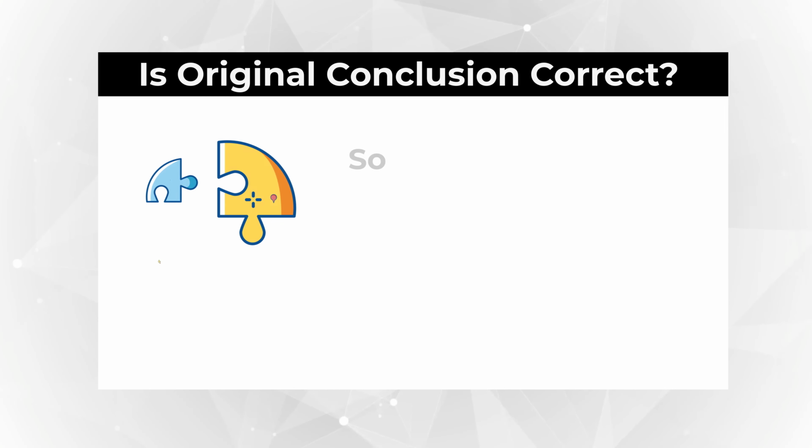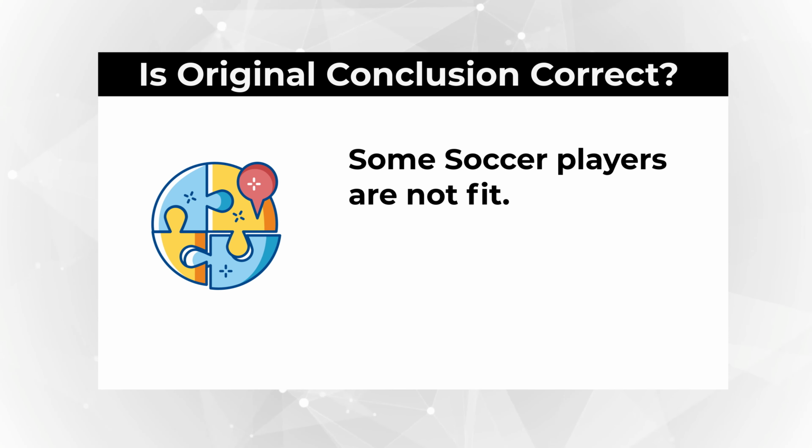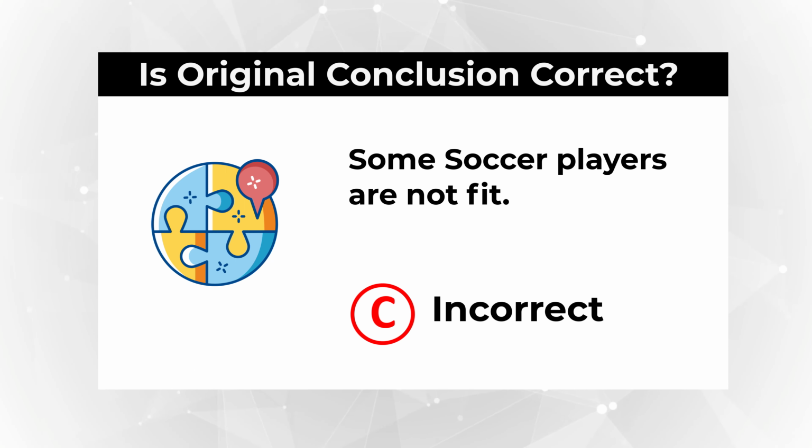Our question, though, asks us if some soccer players are not fit. Do you think it is correct? Based on the information provided, it is not correct. So the correct choice here is choice C, incorrect, because the correct answer based on the information we have is that all soccer players are fit.